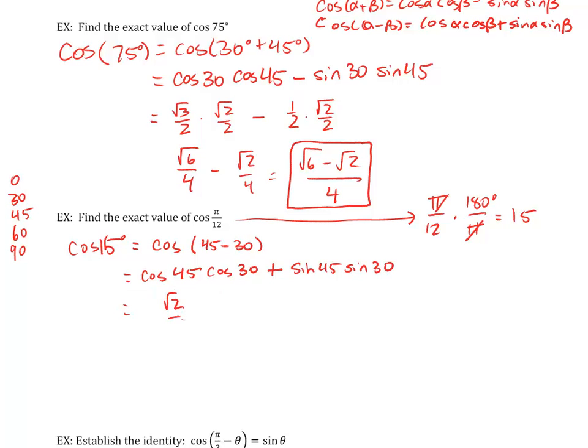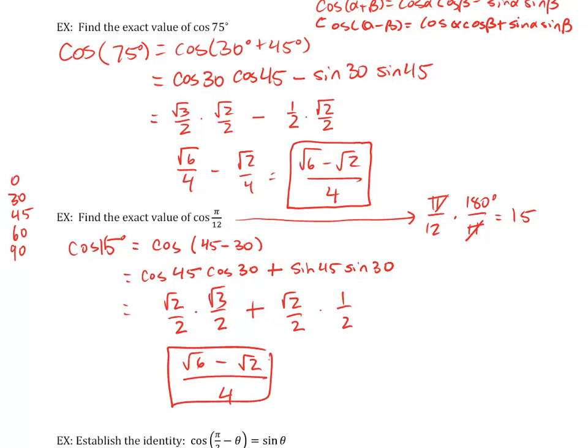Square root of 2 over 2 is cosine of 45. Cosine of 30 is square root of 3 over 2 plus sine of 45 is square root of 2 over 2. Sine of 30 is 1/2. So you get square root of 6 minus square root of 2 all over 4 in this case.